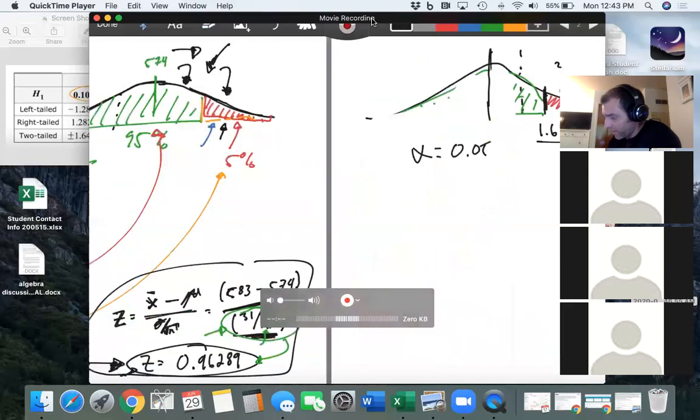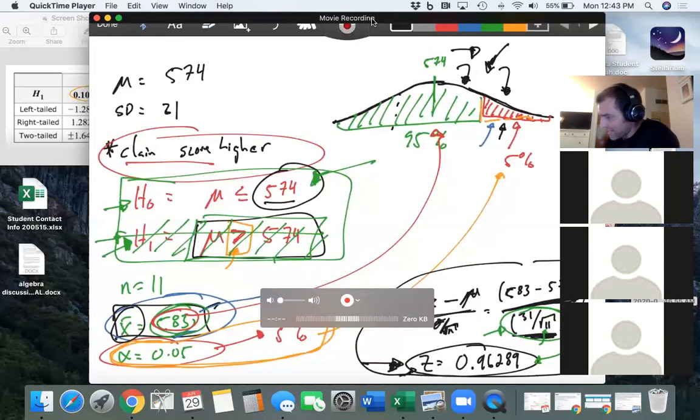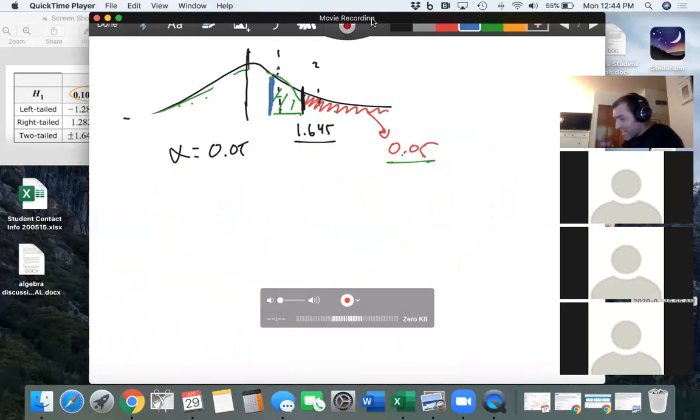So now I want to compare my test statistic. It's 0.96. So if this is 1 standard deviation, 0.96 is right here. And check that out. Am I anywhere near the region of rejection? No, right?